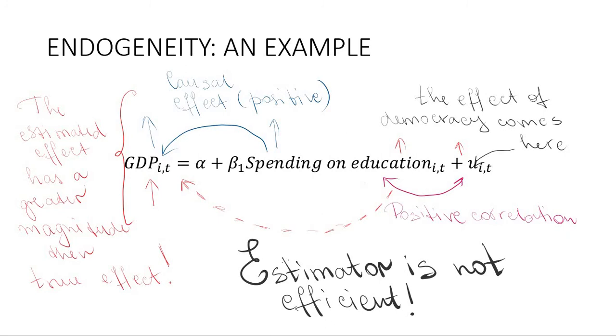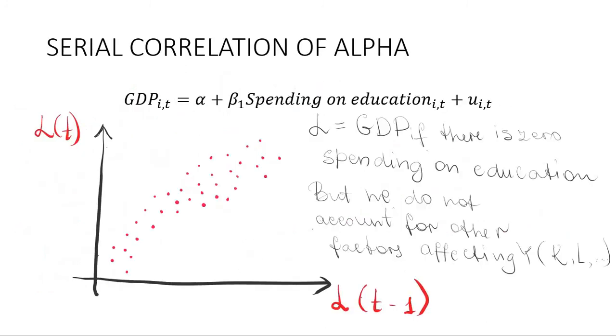Another thing is serial correlation of alpha. Even if you make sure that there is no endogeneity in the model, it's still very likely that alpha will be serially correlated. So the value of alpha in period t would depend on the value of alpha in the previous period.